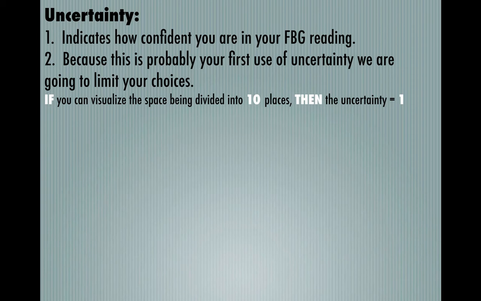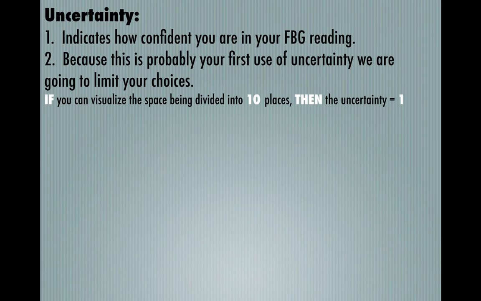So your uncertainty is going to be the number 1. Now, in terms of the units that go on that and what place value it goes in, that depends on the instrument, and we'll come back to that, okay? But if you have two adjacent tick marks and they're far enough apart that you could visualize 10 spaces in there, then your uncertainty is going to be a 1.